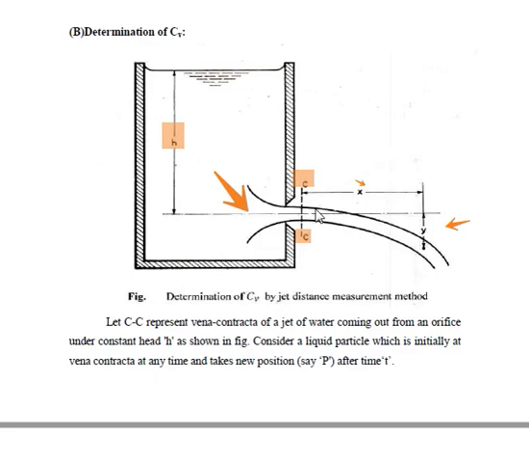So this is the horizontal distance and vertical distance of that particle when it travels in a time t when the height is h. At that particular point you can get the actual discharge, theoretical discharge, CD, CV and CC.